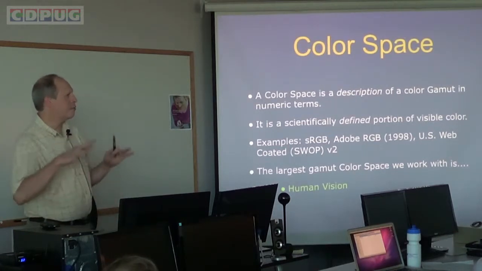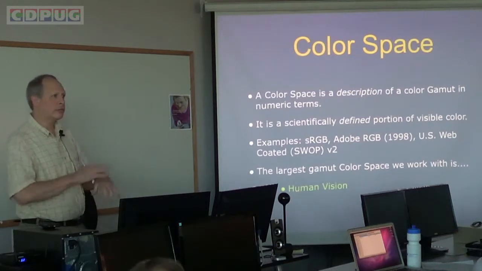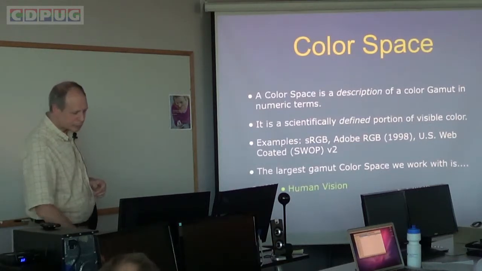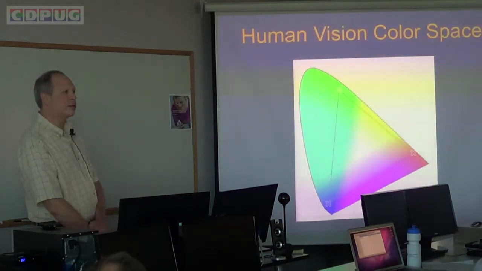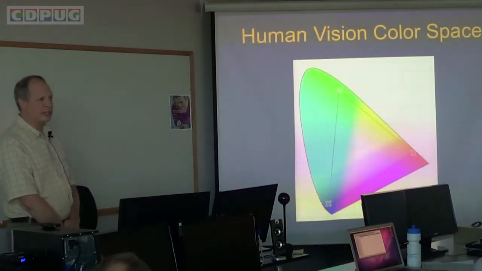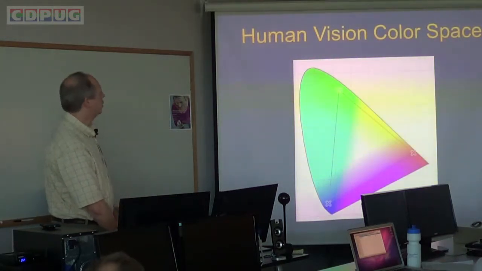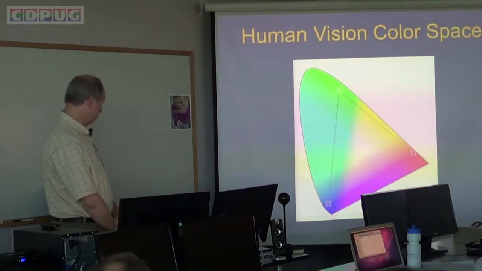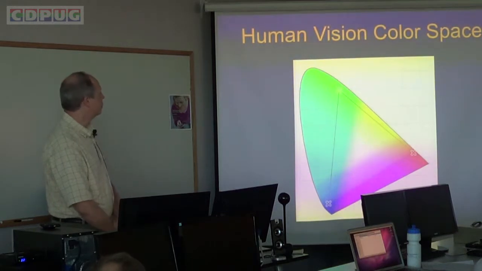So the framework, let's say the background, the reference for this whole topic is human vision. If we were to take all the colors that a typical human being can see, and plot them out in two dimensions, you would come up with a shape that looks like this horseshoe.